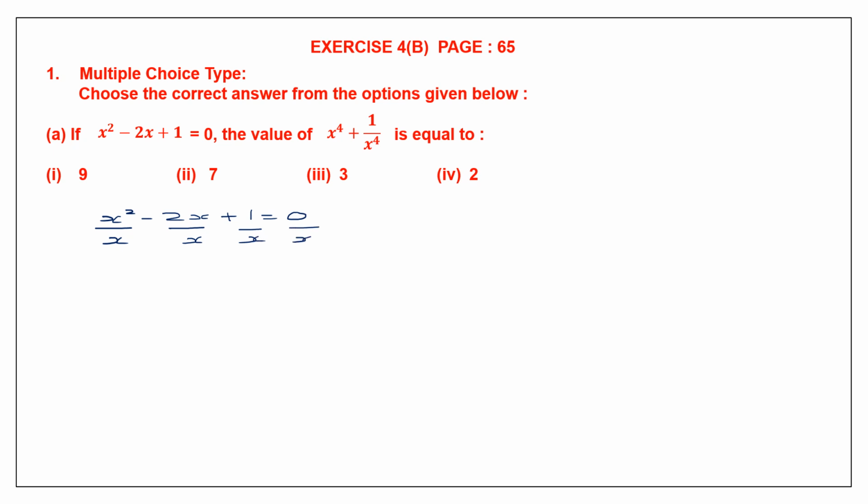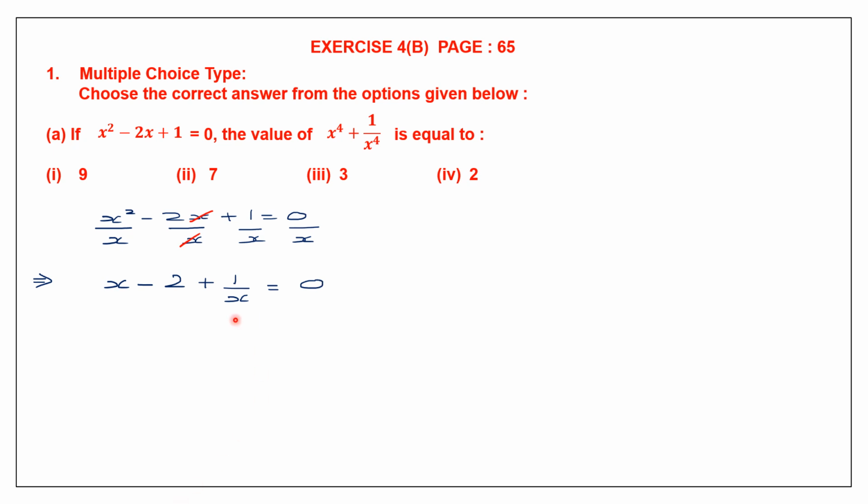So now x square divided by x will be x to the power of 2 minus 1. We remove 1 x, so it becomes just x. Minus, the next one is 2x by x, where the x gets cancelled. We have minus 2 and then we have 1 by x. On the right hand side, 0 by x is 0.